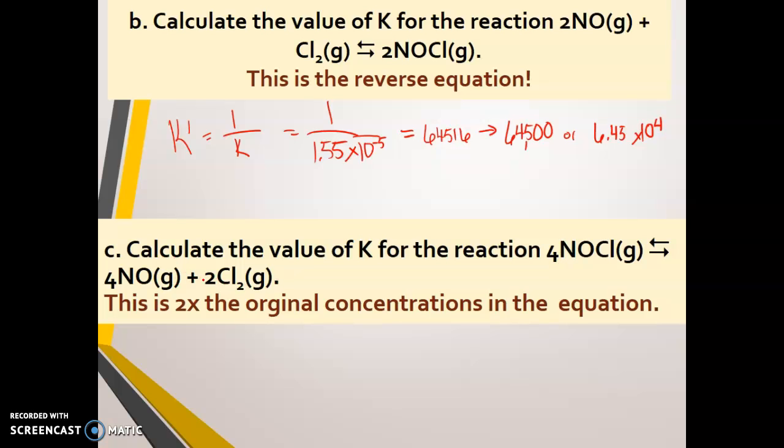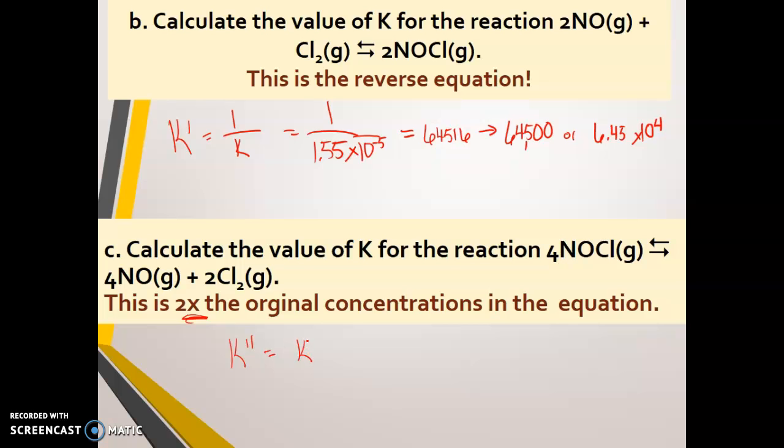Now, part C says calculate the value for K for the reaction of 4 NOCl forming 4 NO and 2 Cl2. Now we're back to that original equation, so NOCl is our reactant, NO and chlorine are our products, but now we're looking at 2 times the original coefficients.